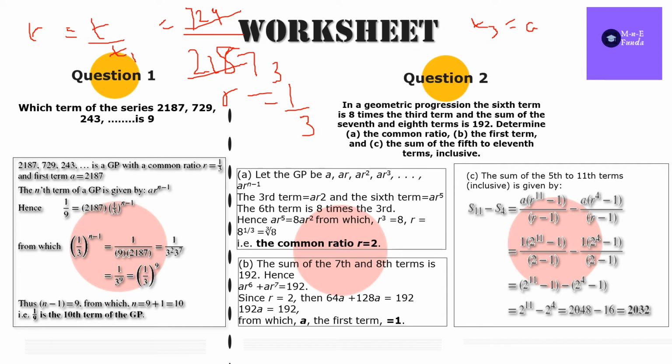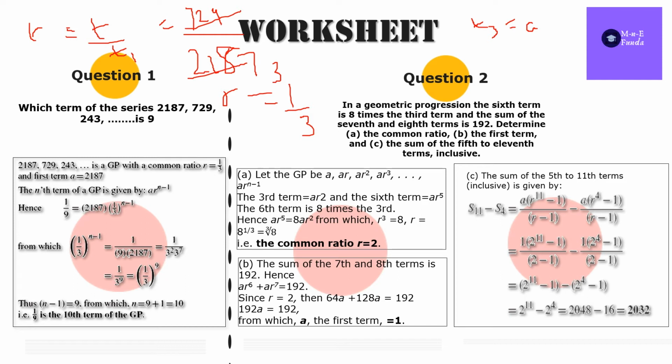Now put the value here: AR to the power 5 equal to 8AR square. So substituting, we get R equal to 2.